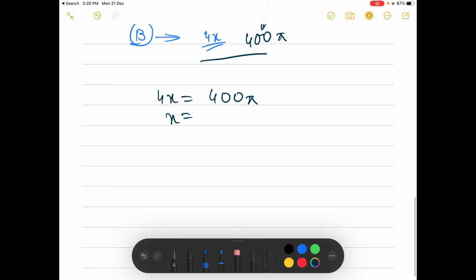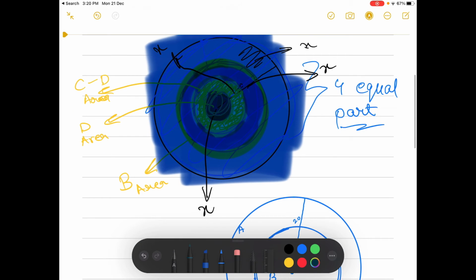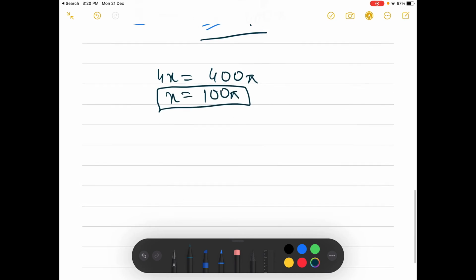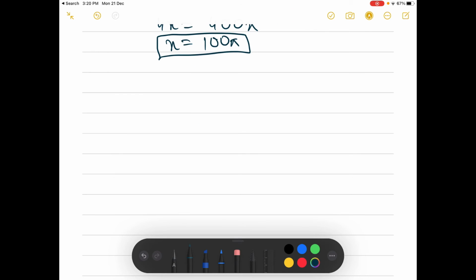Now X becomes 100 pi. So now we know that this small part is 100 pi, this part is also 100 pi, and this part is also 100 pi. Now they have asked us what is the radius of the largest concentric circle.